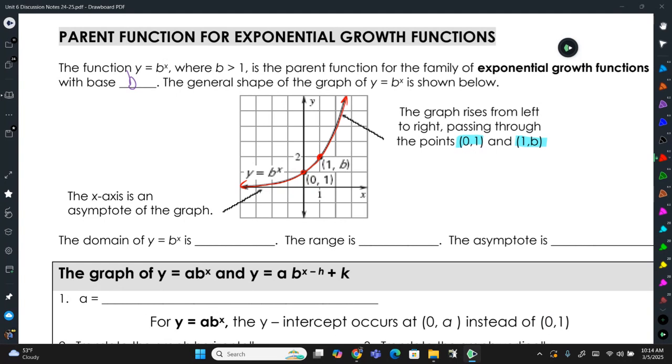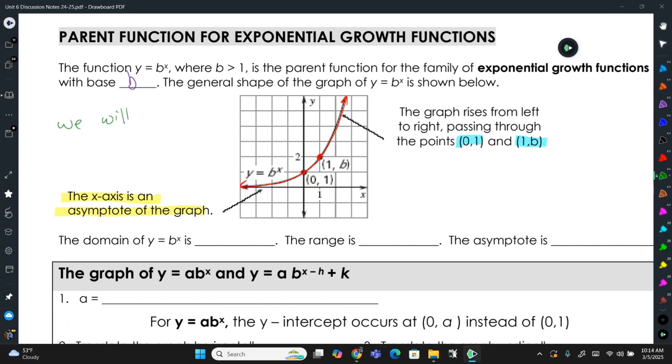And notice how it doesn't go below the x-axis. That is because in the general form y equals b to the x, we have an asymptote at the x-axis. Now we had vertical asymptotes before when we talked about rational functions, but for exponential it's going to be horizontal.